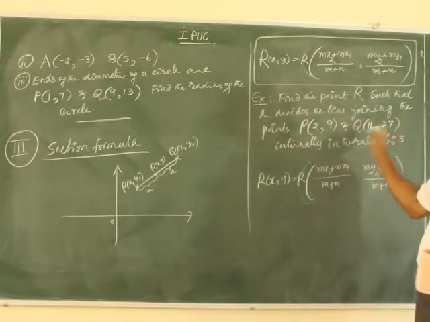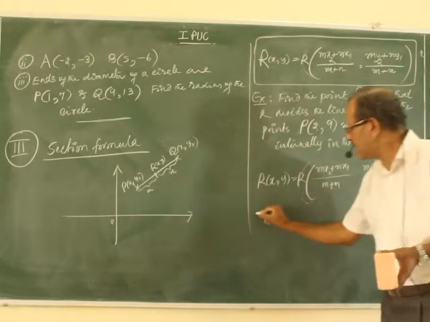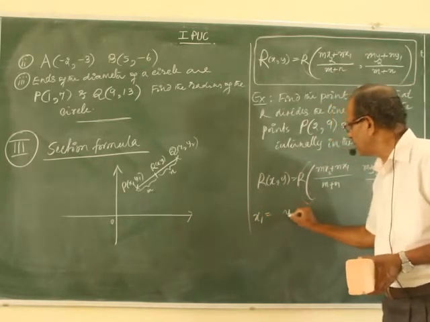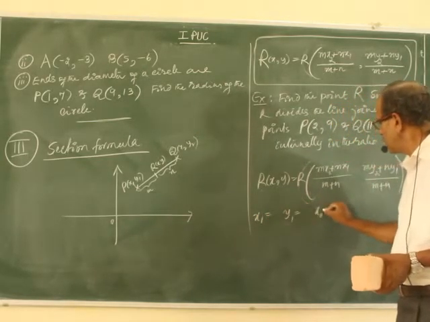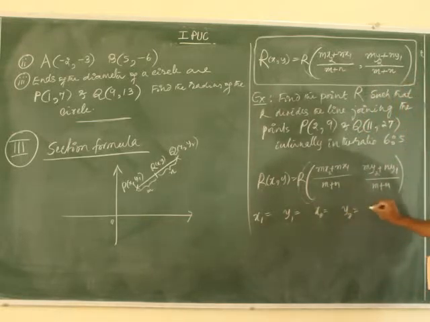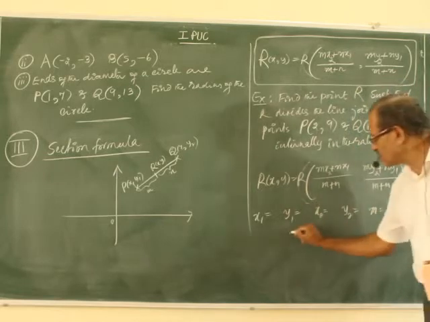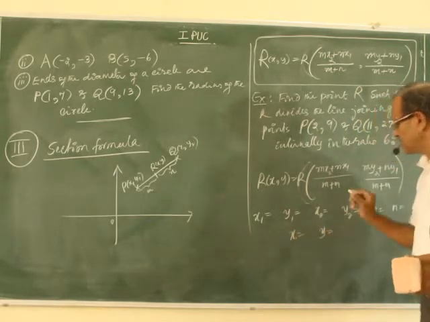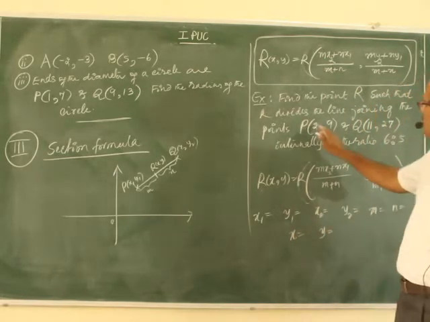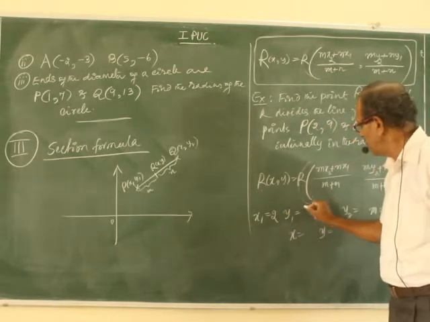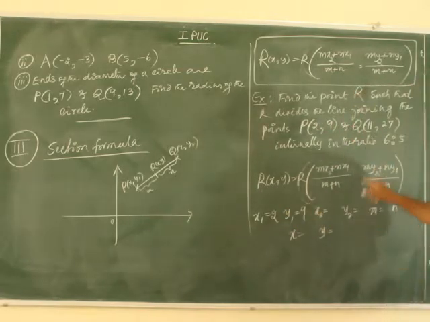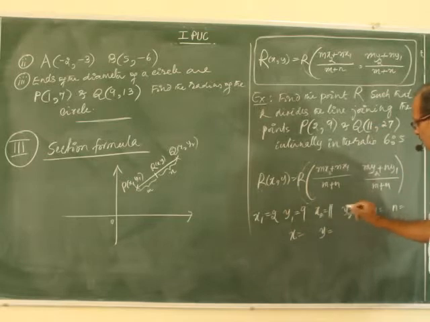List the values because there are several numbers. Let me list one by one: x1, y1, x2, y2, m, n. x and y are the unknowns. x1, y1 is 2, 9. x2, y2 is 11, 27.